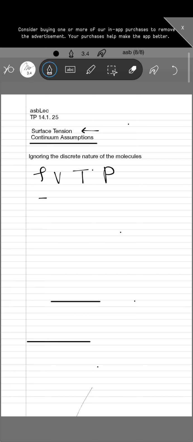These functions are treated as continuous functions of space and time. By space we mean all three directions, x, y and z. So this is another aspect.